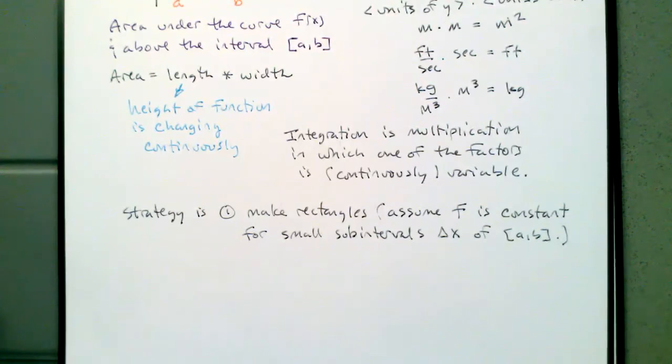So our strategy is to first make rectangles. Once f is constant on subintervals of delta x of AB, now we get to use multiplication.